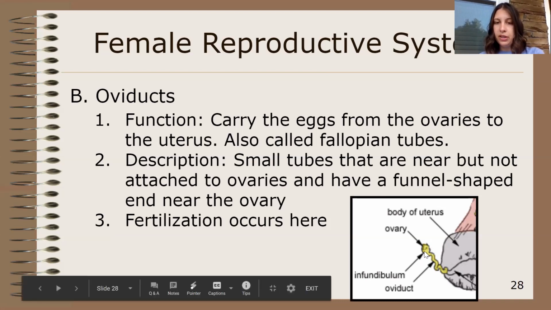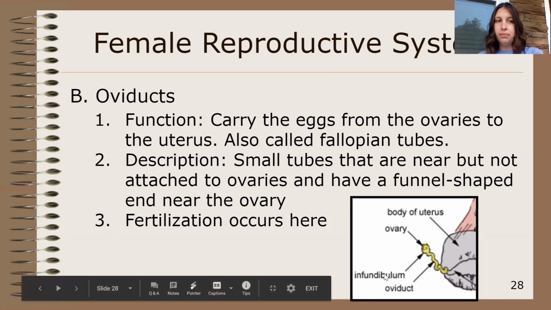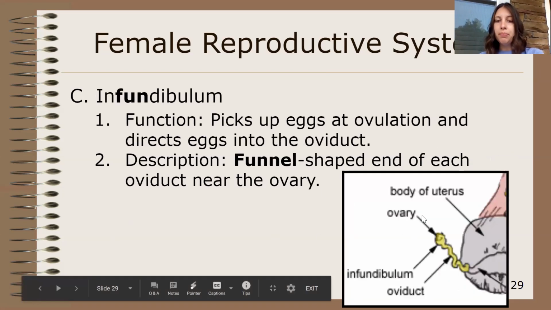But if we look, we can see this little funnel here, where it goes from being completely round to almost like a U. This is called the infundibulum. The infundibulum is funnel shaped. Fundibulum, funnel. Remember that.